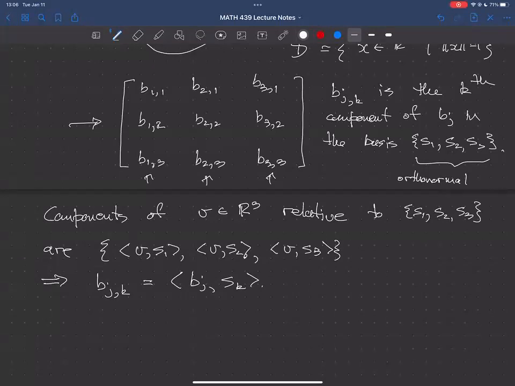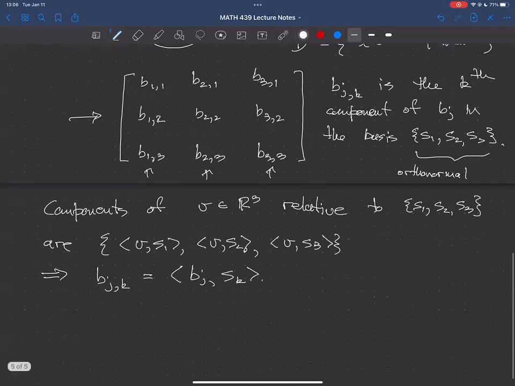So for example, let me try to coerce an answer out of you. You know that each column of this matrix has unit length, because it's the components of a unit vector in an orthonormal basis. So the sum of the squares of the components of the columns of the matrix add up to 1.